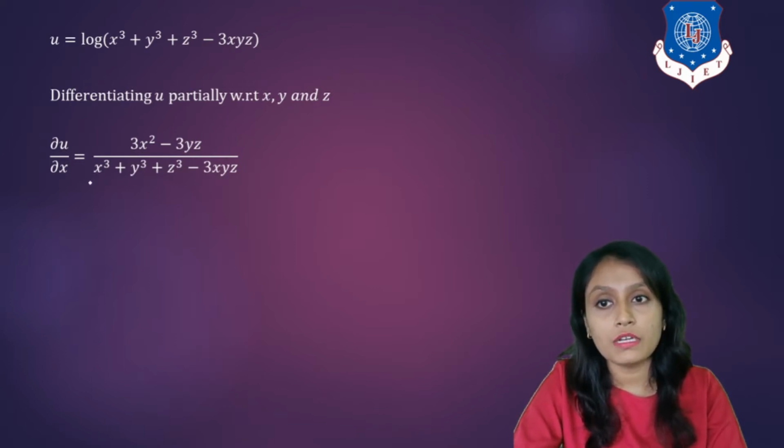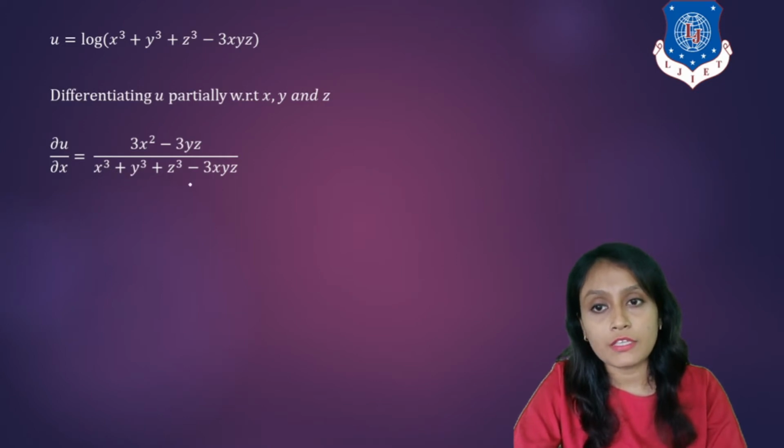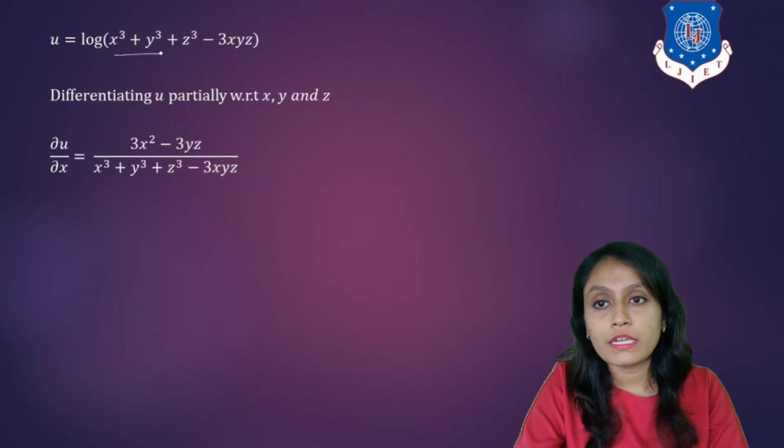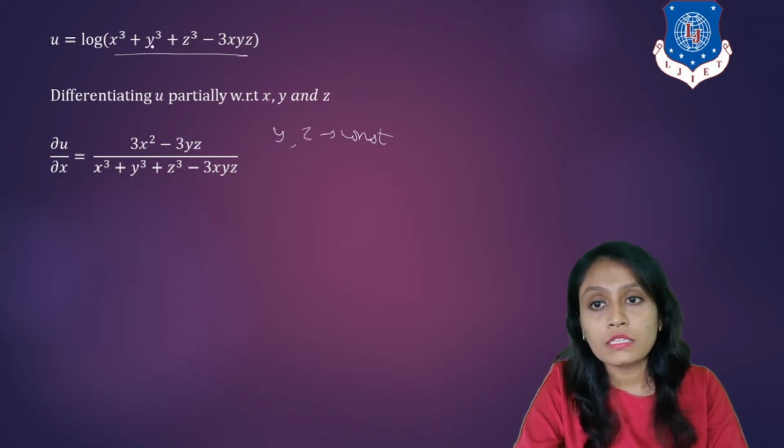So here we have 1/(x³ + y³ + z³ − 3xyz). Then we take the derivative of this term with respect to x, keeping y and z as constants. So these two terms give 0, the derivative of x³ is 3x², and the derivative of −3xyz is −3yz.